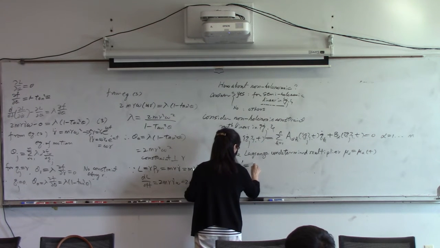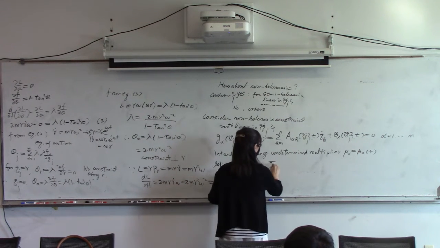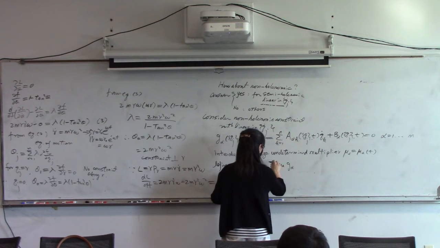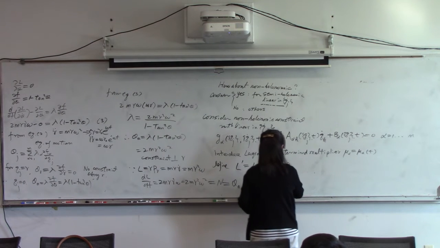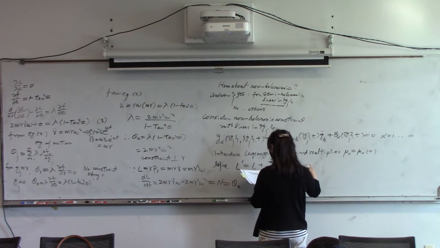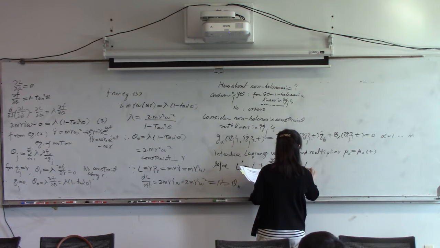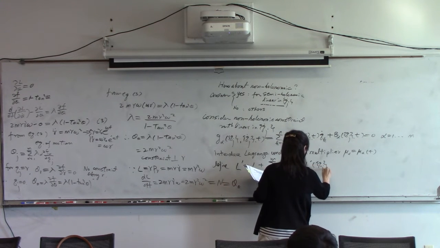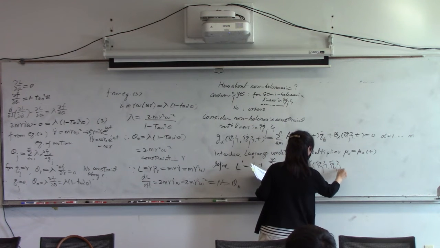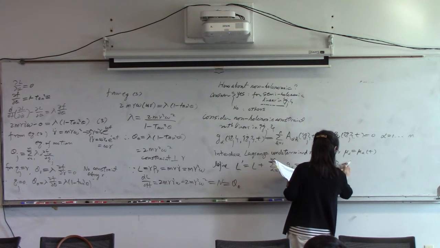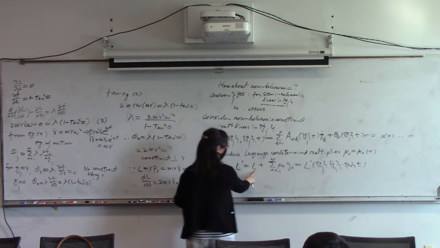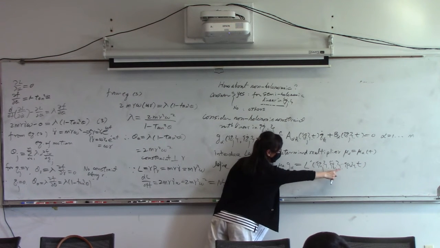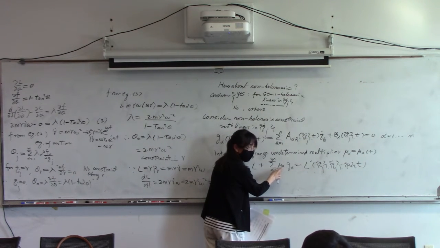So if we select this, similarly we define L prime, which is L plus, since the constraint is 0, the term mu alpha G alpha summed over alpha, which is always 0. So L prime is equal to L plus this term. That's what we define here, which is a function of generalized coordinates, generalized velocity, and time, and also mu alpha. L is only a function of generalized coordinates, generalized velocity, and time, so only this term depends on mu alpha.